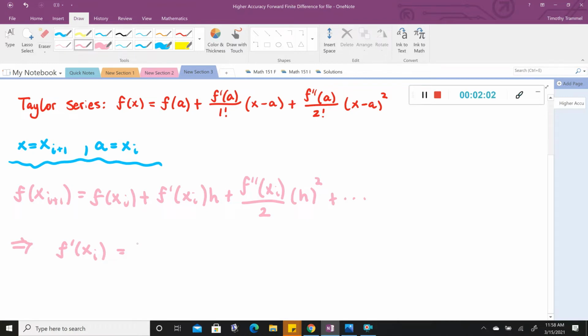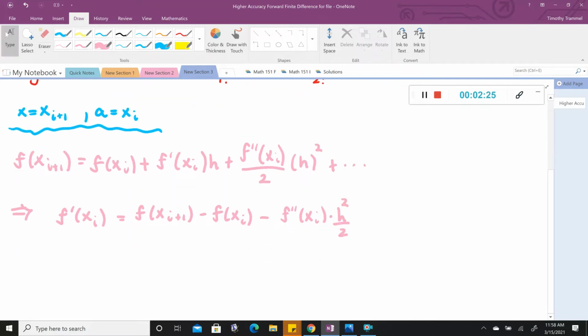So we're going to have f of x sub i plus 1 minus f of x sub i, and also a minus f double prime of x sub i times h squared over 2, and then minus dot dot dot. And we want to divide each side still by h.